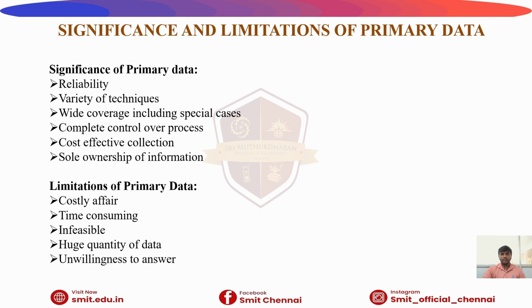Then unwillingness to answer. Some respondents are not willing to answer the many questions given by the researchers, so it is considered respondent fatigue. These trade-offs explain why secondary data is often used.